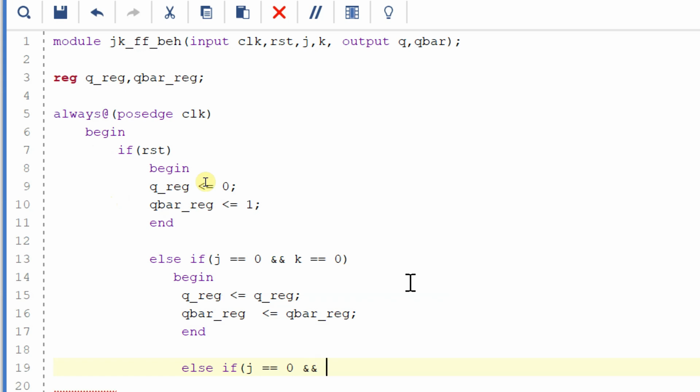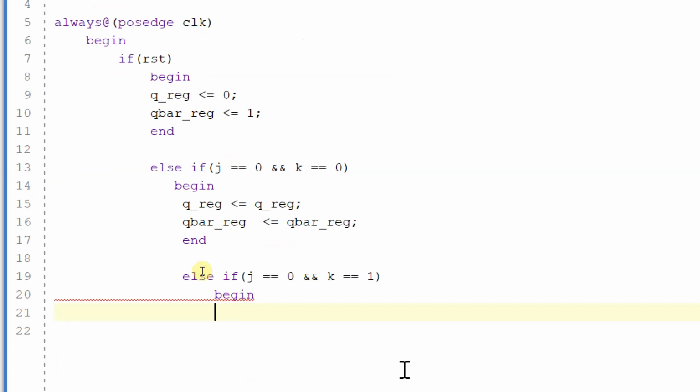And for k equal to 1, this is a reset condition. Then begin, q_reg will be equal to 0 and q_bar_reg will be equal to 1.